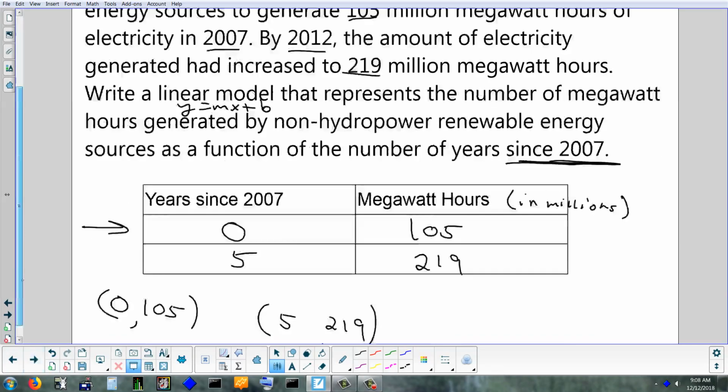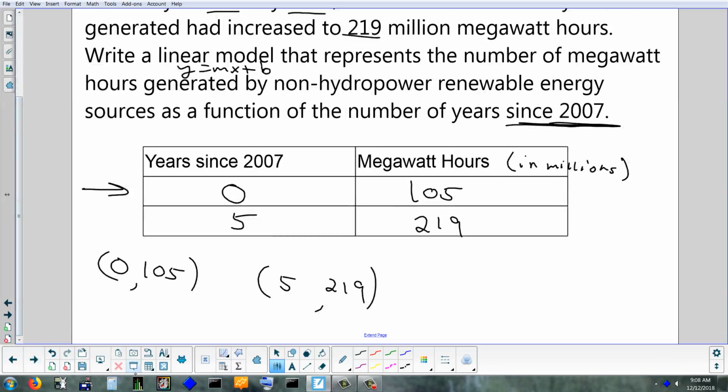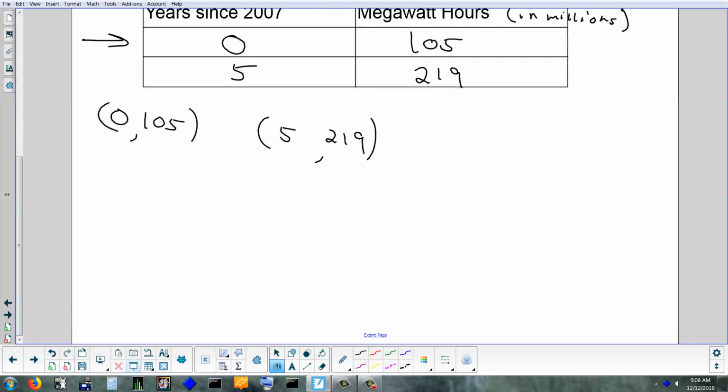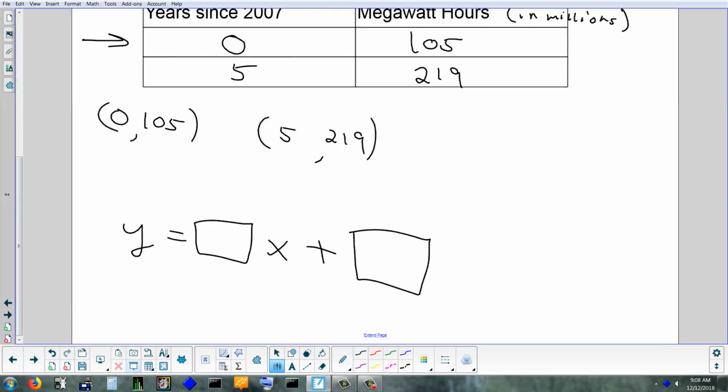What's the first thing we need to find? We could find the y-intercept first. So I need something here, and then I need something here. Which one of those is the y-intercept, the first box or the second box? The second box.